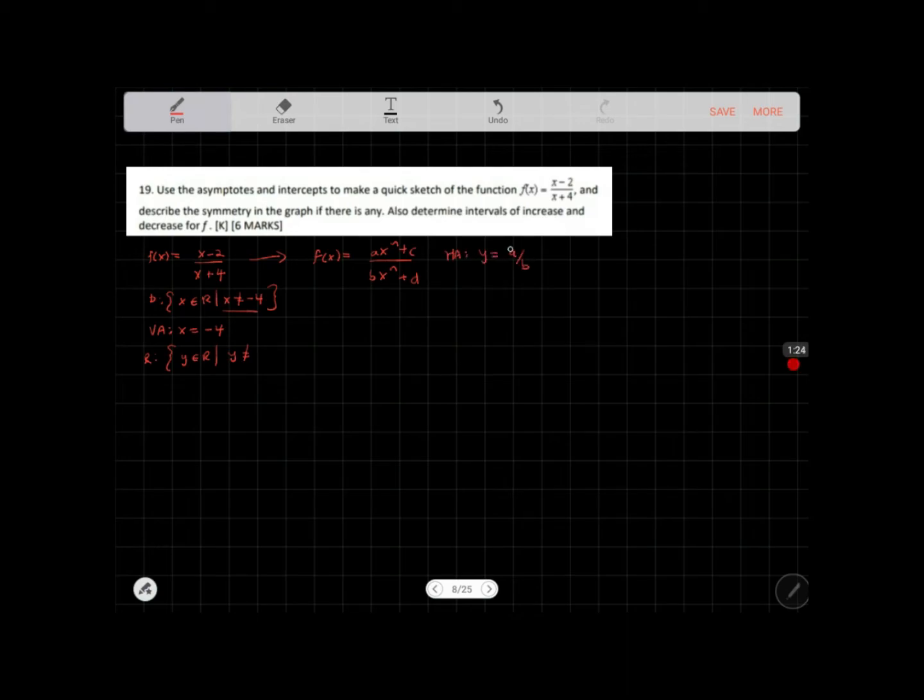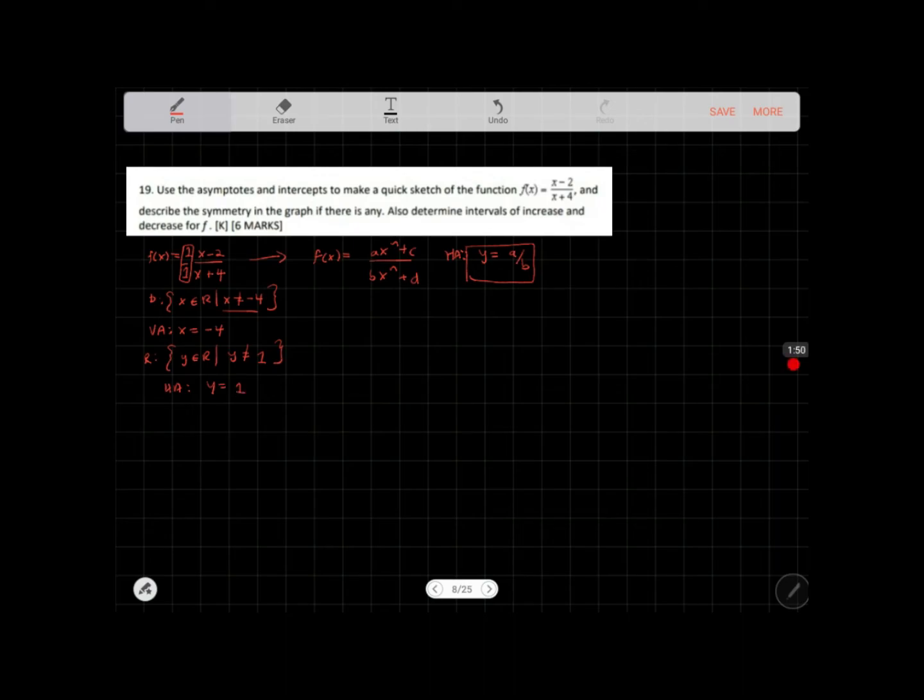You can use this equation only when the degree of the numerator and denominator expressions are the same. In this case, a over b is 1 over 1, so y cannot equal 1. Your horizontal asymptote is your restriction on your range, and we know that y cannot equal 1.